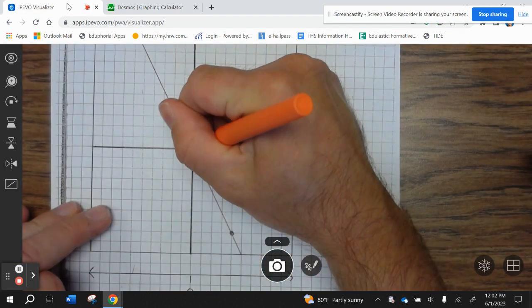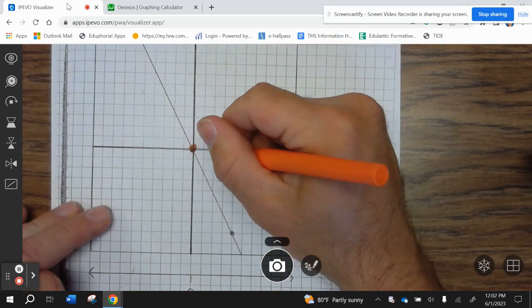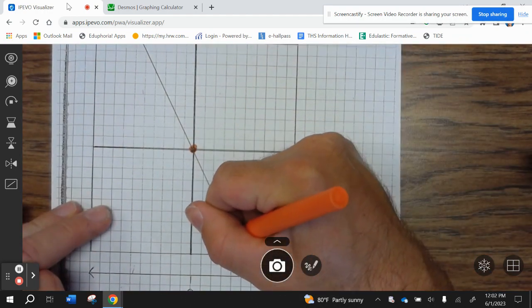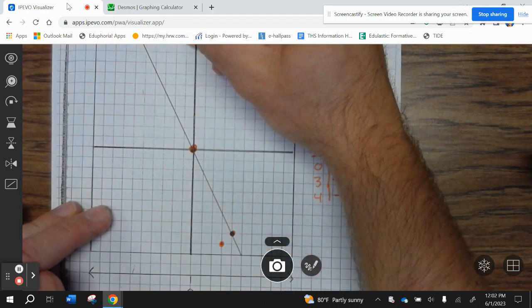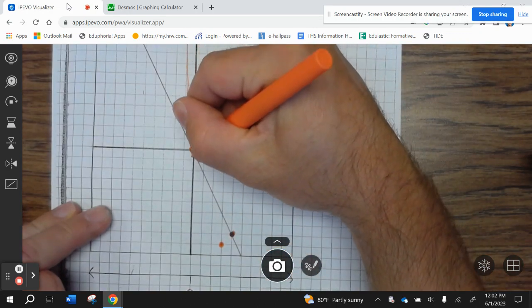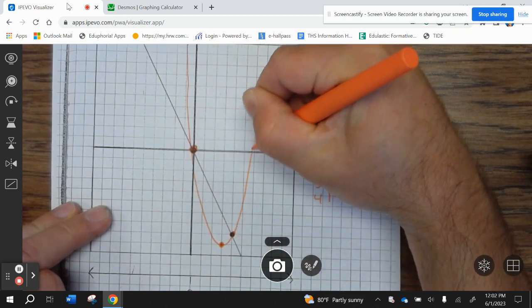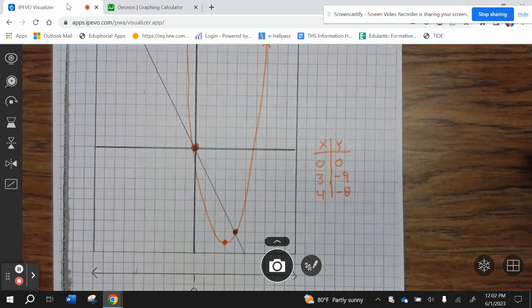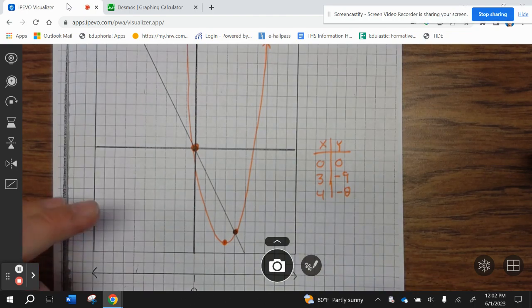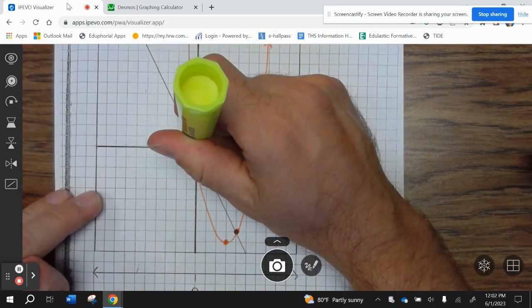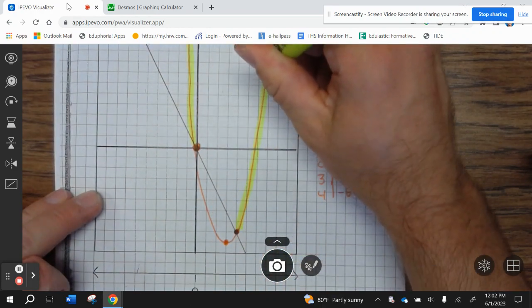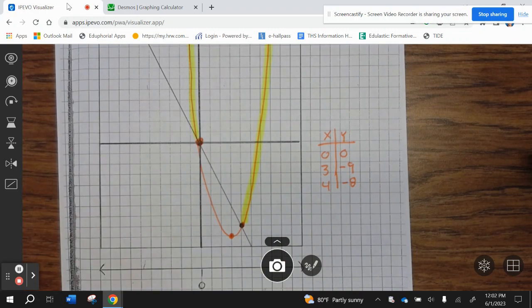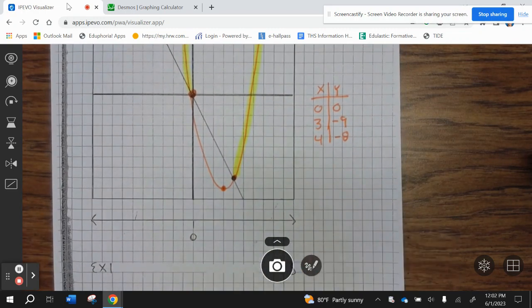So 0, 0, 3, negative 9, 4, negative 8 right here. Now, we want to know when it's greater than the line, so above the line. So we're looking at here and here. So connecting that to the number line.